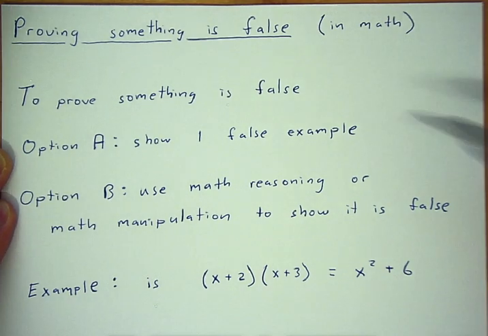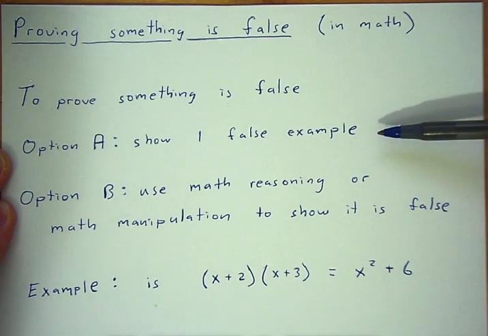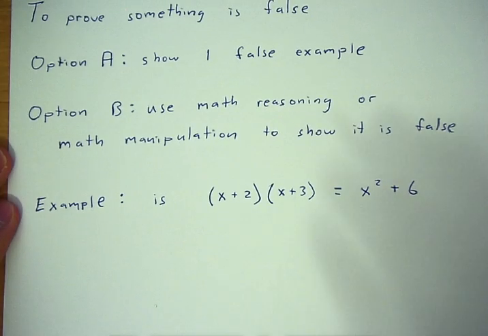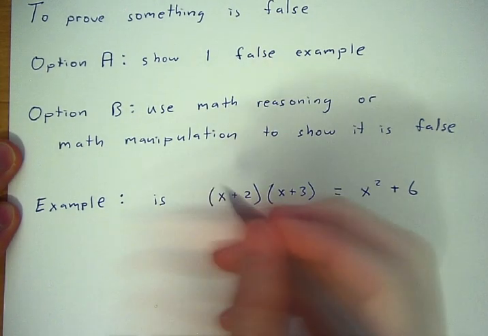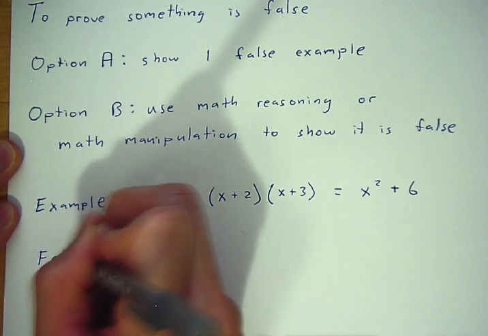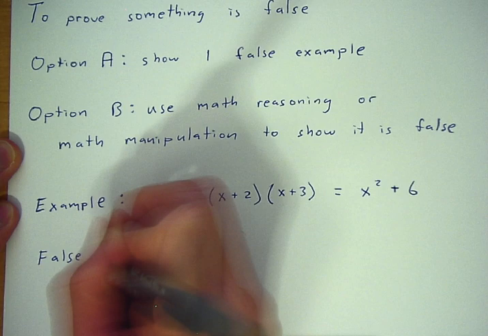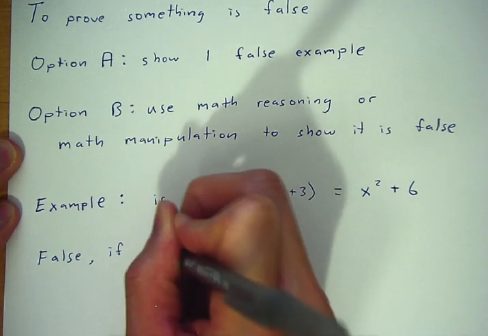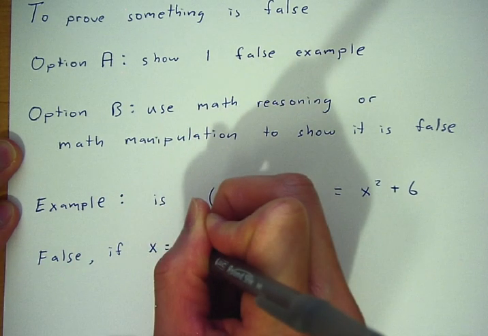Well, if we wanted to do option A here to prove that it is false, all we have to do is show one example. You could say false if x equals 8.